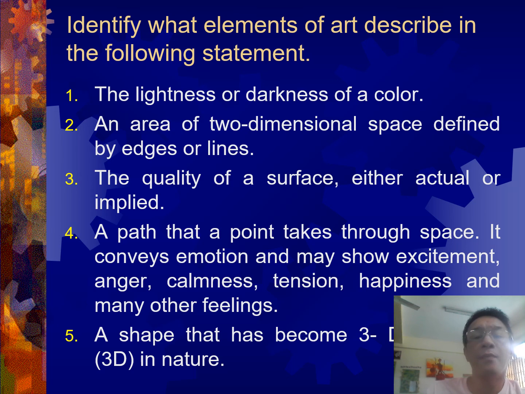First, we have to identify what element of art is described in the following statements. Number 1, the lightness or darkness of a color. Number 2, an area of two-dimensional space defined by edges or lines.